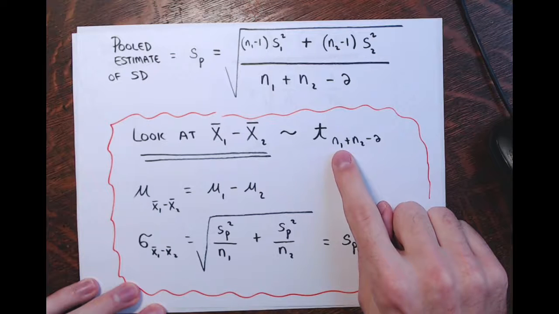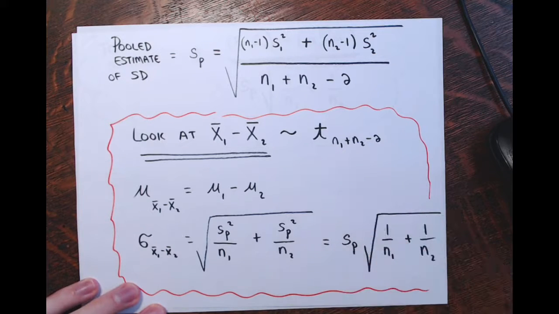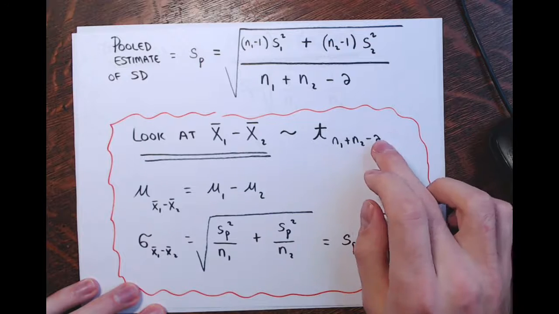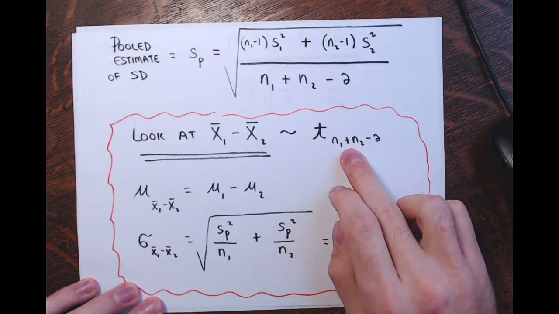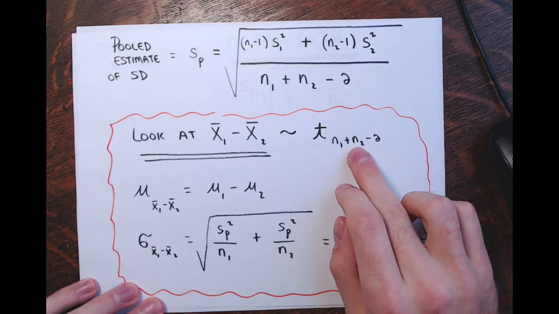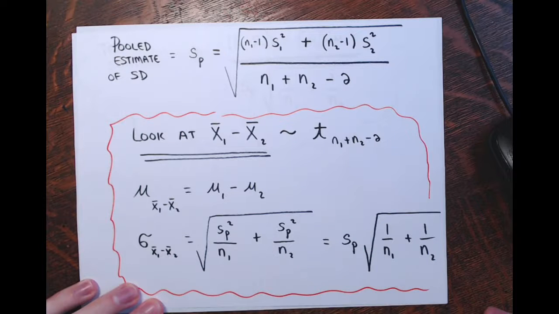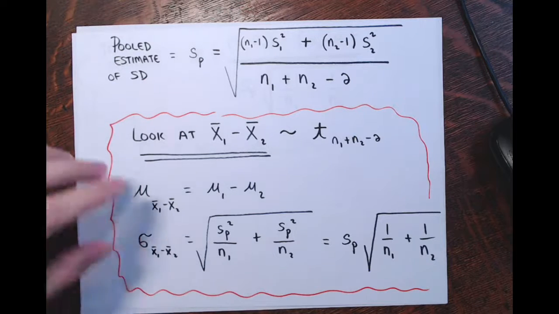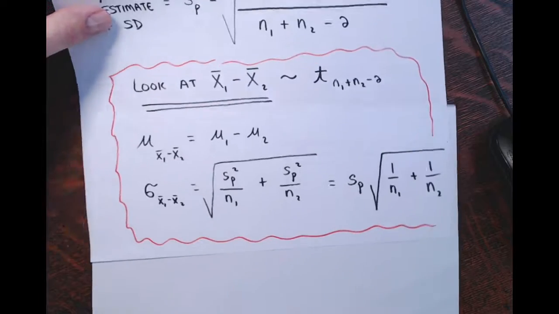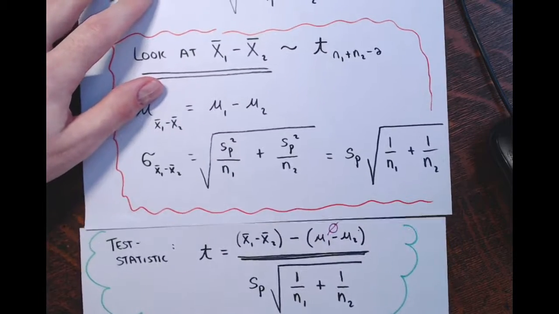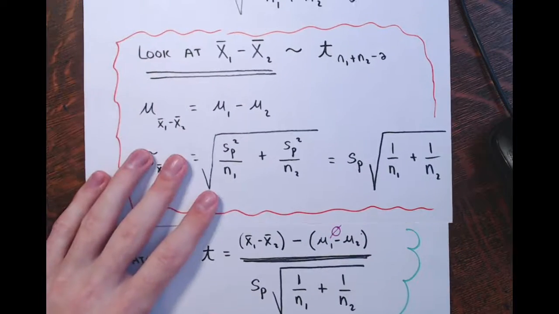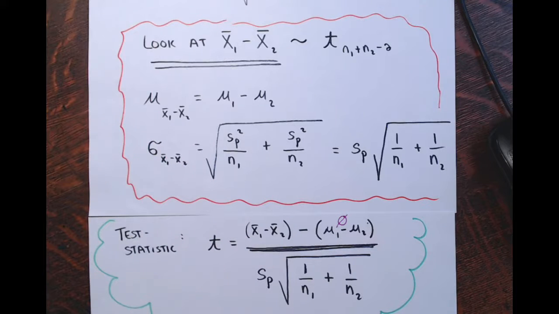Here in the pooled scenario, we're working with a t-distribution that has n1 plus n2 minus 2 degrees of freedom, or you add the sample sizes and subtract 2. I also wrote up how to calculate the test statistic, which was done in previous videos, when that was one of the objectives. But we're just doing the degrees of freedom here.